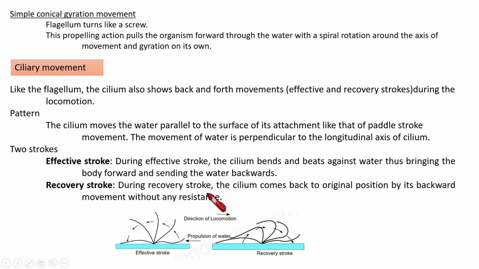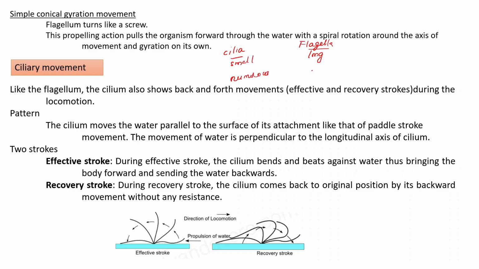And then one more thing, I want to confirm whether you know the exact difference between flagellum and cilium. Some differences: I'm just writing cilia and flagella. The cilia are small, but flagella are usually longer than cilia, and also the cilia are numerous.